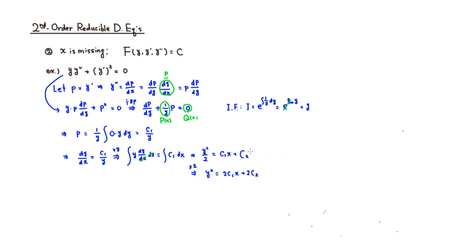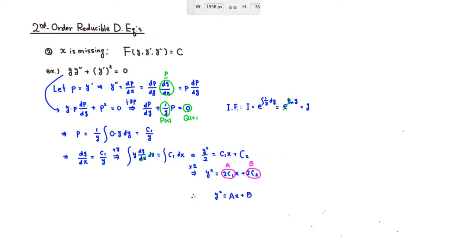There's no point in using a complicated expression for just an unknown constant, so I'm going to call this A and this B. Therefore, I'm going to write the solution as y squared is equal to ax plus b.